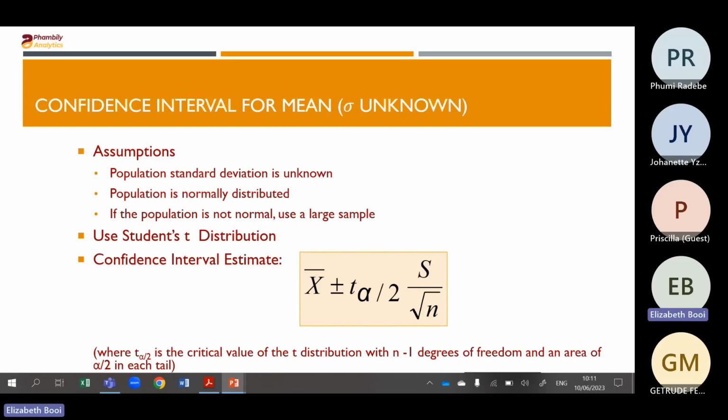And we use this formula, your sample mean plus or minus the T critical value, and to find the T critical value, we also need to use the alpha and the degrees of freedom, and your degrees of freedom is always n-1, where n represents your sample size, times the standard error, which is your sample standard deviation divided by the square root of n. We use the sample standard deviation because our population standard deviation is unknown.